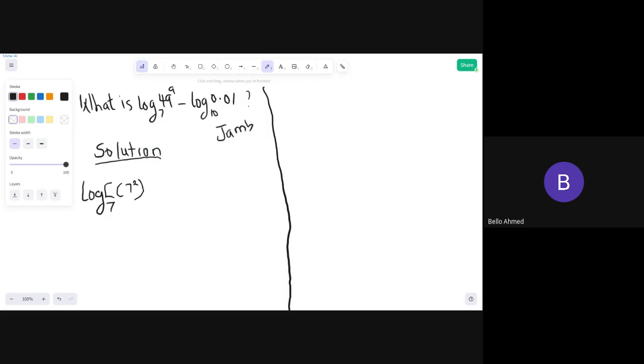Then I have, the 49 has a power before. Don't forget that 7 raised to the power of 2 is just 49, but it has the power of a before. So I'm going to put the a here outside. Then I can put the bracket like this. Then minus logarithm of course, we know that 0.01 is actually 1 over 100, right?